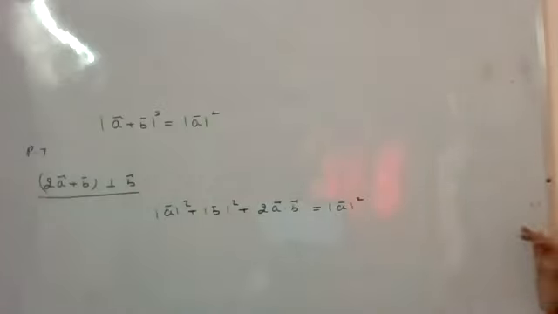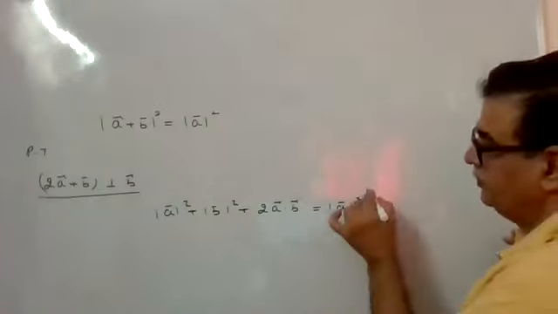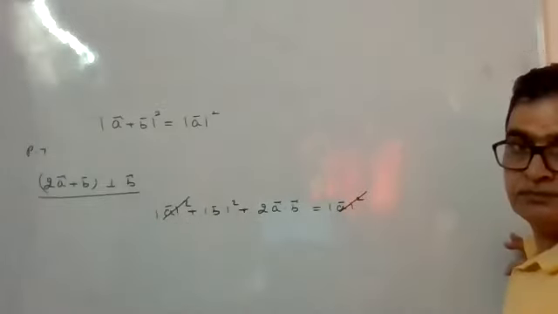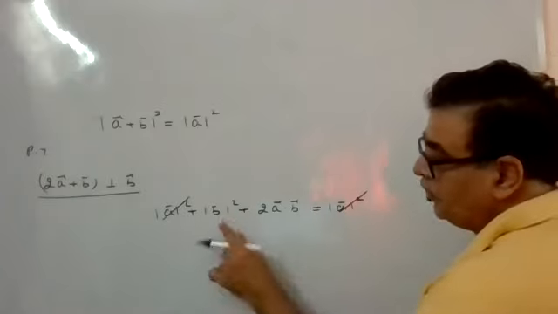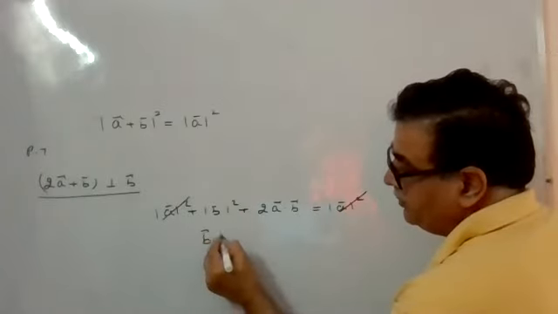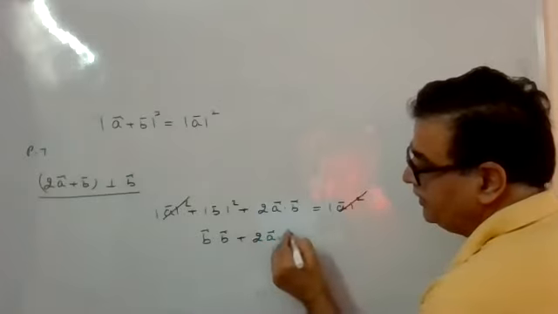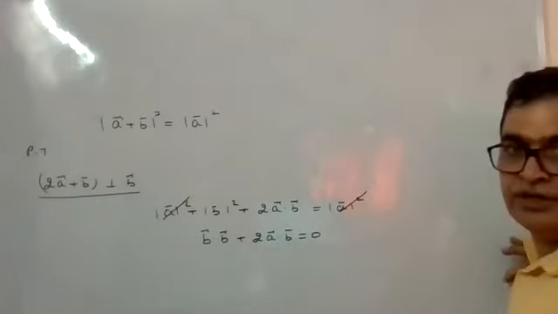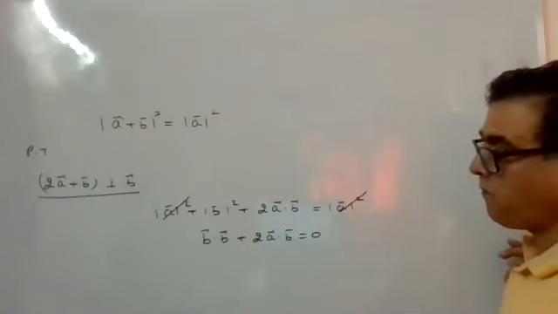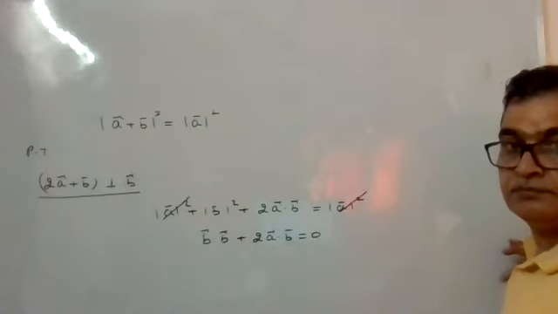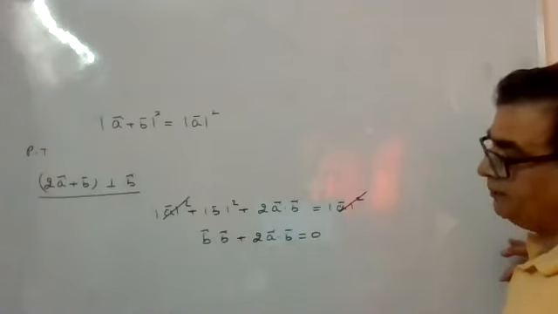Yes. This part clearly cancels out. Magnitude of B square, I can write B dot B, plus twice of A dot B coming 0. Nothing wrong in it. Is it clear? Yes, sir.